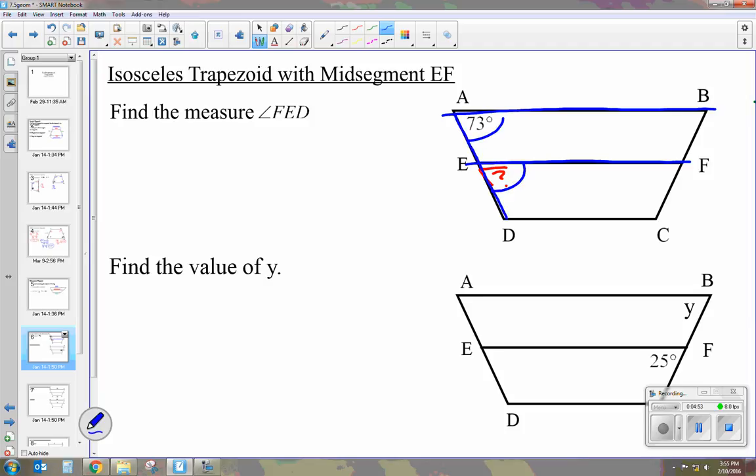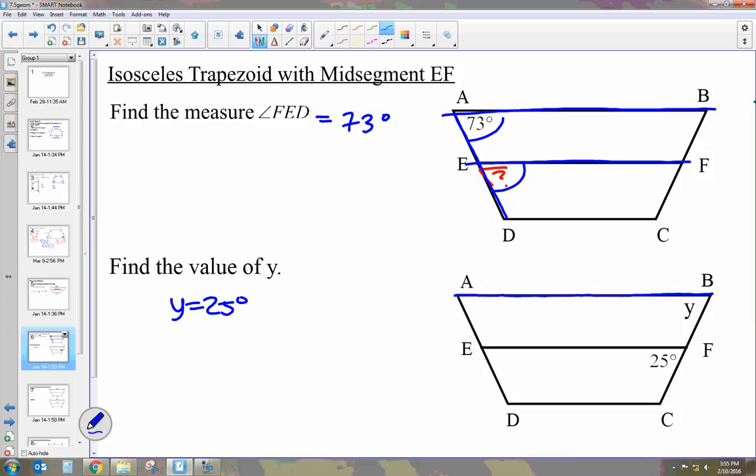So that means the measure of FED is 73 degrees. Same thing down here. That would make y equal to 25 degrees, because we have our parallel lines, our transversal, and that gives us our congruent angles. So we can use those parallel lines to our advantage.